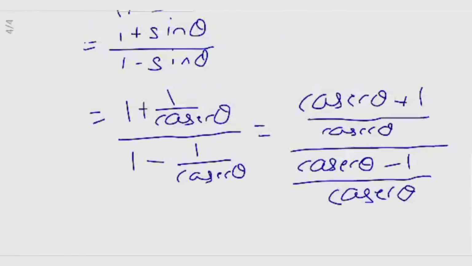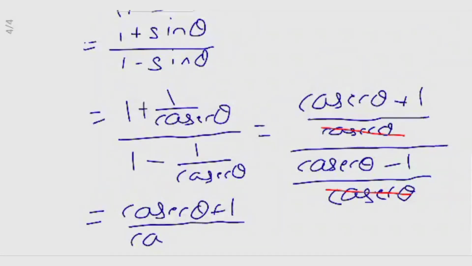Now here cosec gets cancelled. Remaining terms cosec theta plus 1 divided by cosec theta minus 1. So it is our RHS.